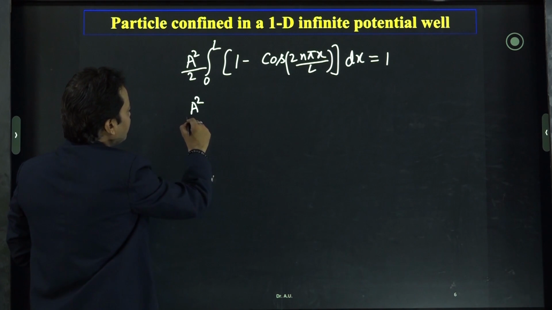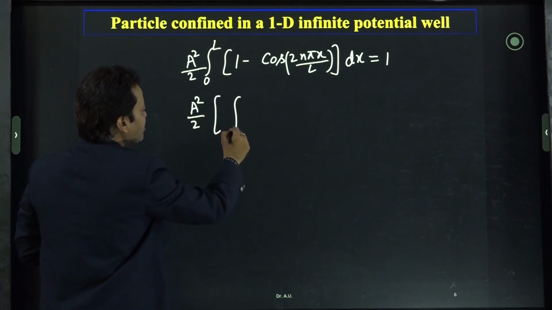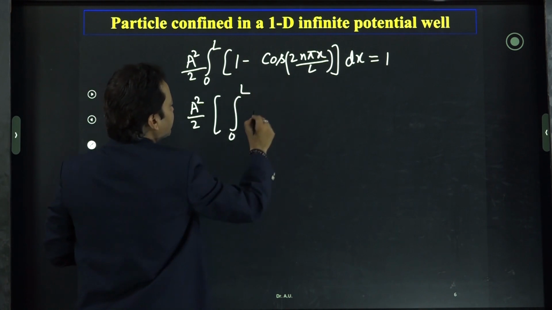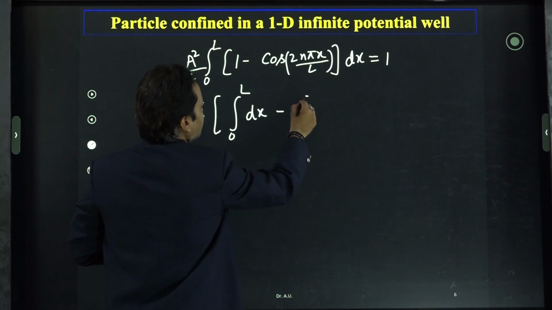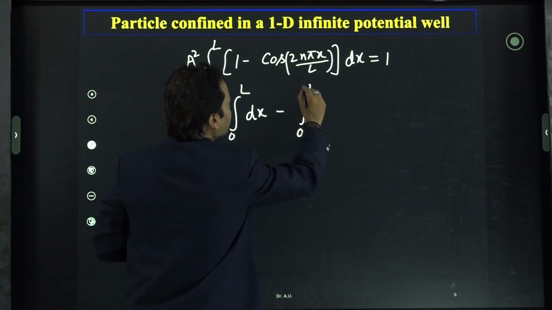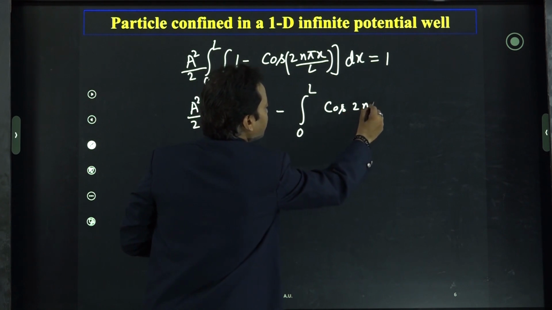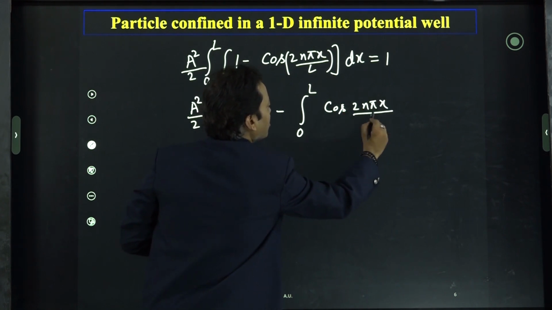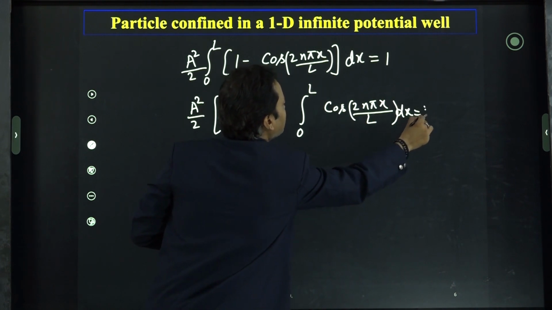A square over 2 within bracket, integration 0 to L, 1 into dx will become dx, minus integral 0 to L of cos 2n pi x over L dx, is equal to 1.